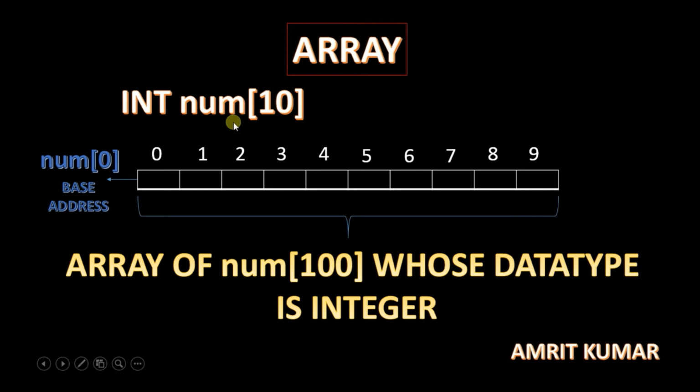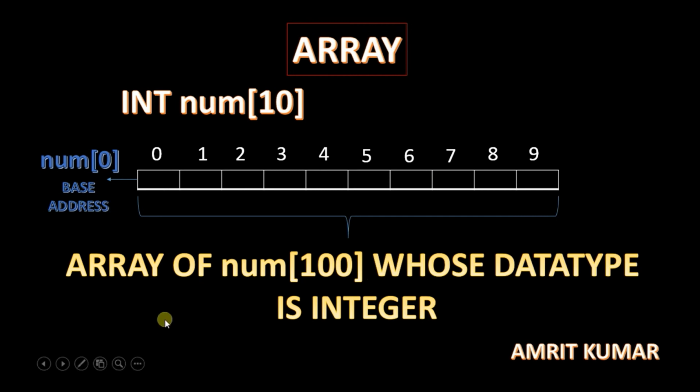This is the num variable, but the whole is a single dimensional array. It is indexed from 0 to 9 and contains 10 blocks. If you want to access any one of these, you have to know the base address of this array.